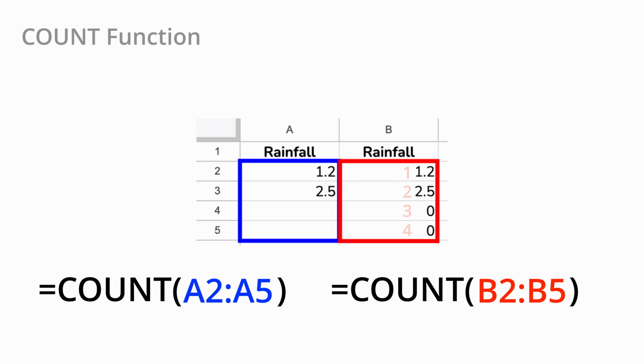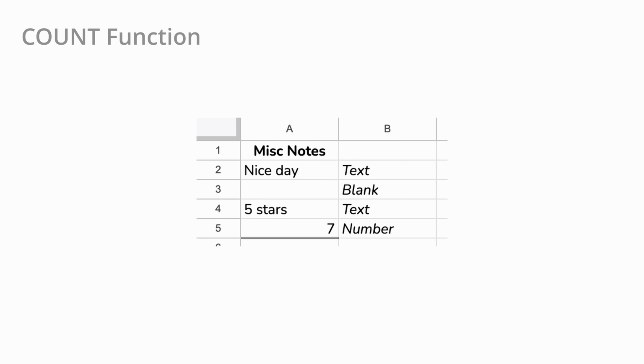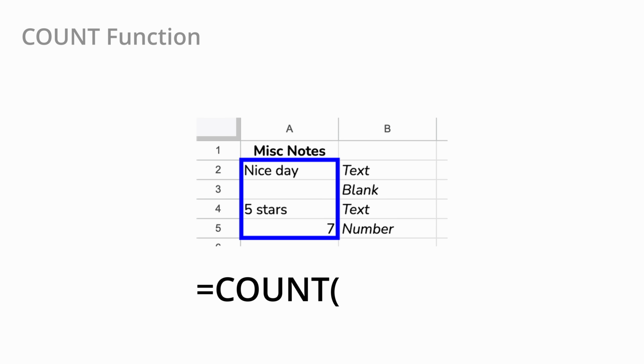But in our next example, we're going to count text and numbers. And the count function you will see will ignore any non-numerical value. So row 2 is text, it ignores it. Row 3 is blank, we already know it ignores that. Row 4 is also text, so all that the count function is going to pick up here is the number value in row 5, and it will just count a 1.